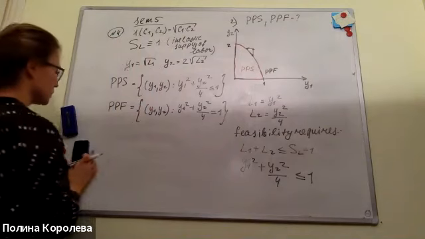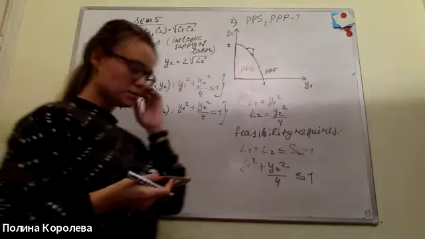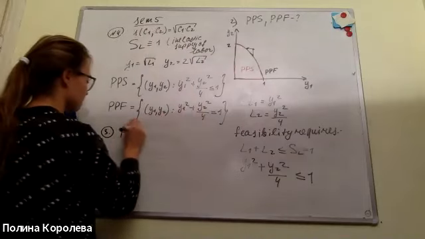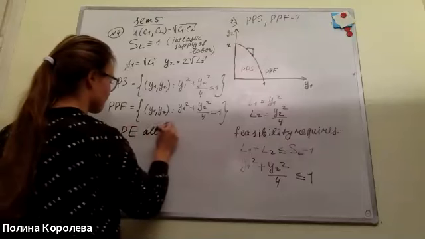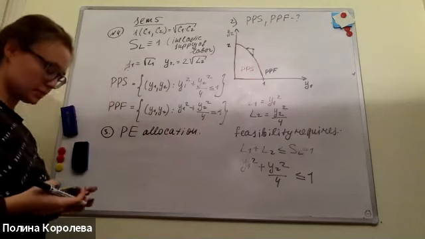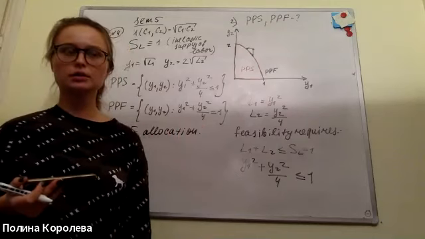Next, point 3. We should find the Pareto efficient allocation. As you remember from the previous class, Pareto efficient allocation is not about prices.